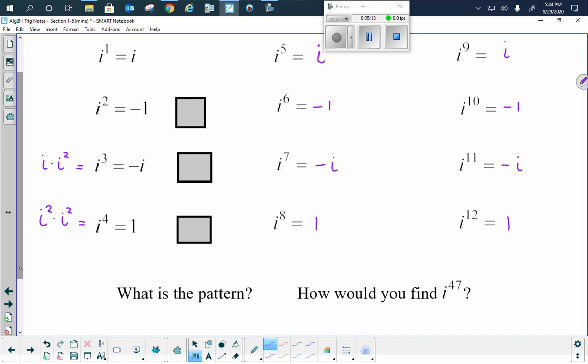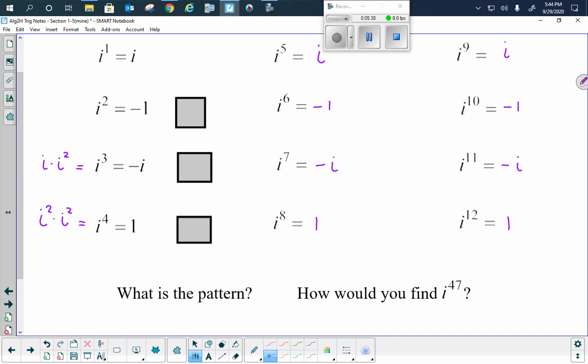Obviously, math is a lot about patterns. We want you to notice those patterns so that on the test, if I ask you to find i to the millionth power or to the millionth 293rd, whatever I have to do to make you show me some work, we don't want you to count it out a million times. We want you to come up with a pattern. The nice pattern that I'm seeing is that every fourth one is 1.